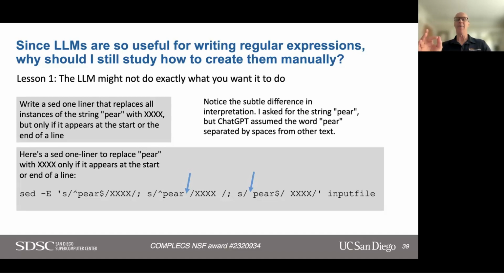But notice the subtle difference in the interpretation. I asked for the string pair, but ChatGPT assumed the word pair separated by spaces from other text. And I highlighted this here with those blue arrows. So the LLM might not do exactly what you want it to do. There may be subtleties in interpretation.